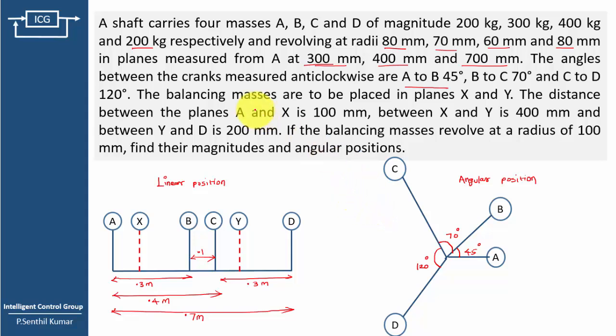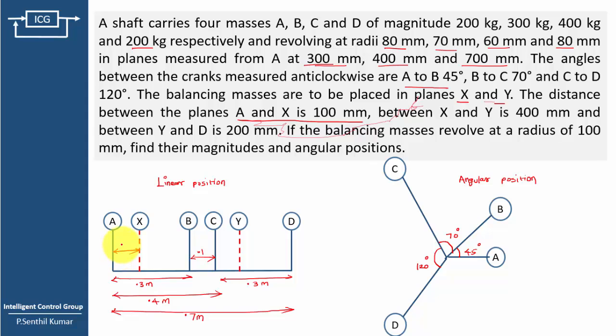Apart from that, the balancing masses are to be placed in planes X and Y. So there is a separate plane for X and Y. The distance between the plane A and X is 100 mm. So A to X is 100 mm.